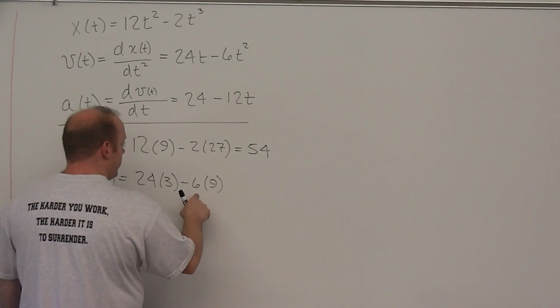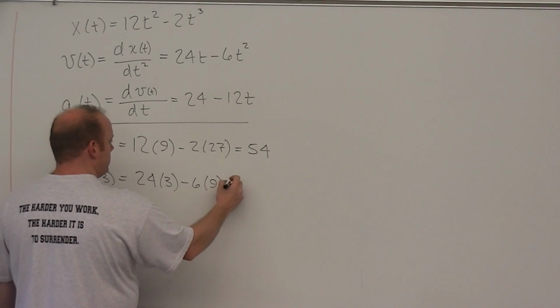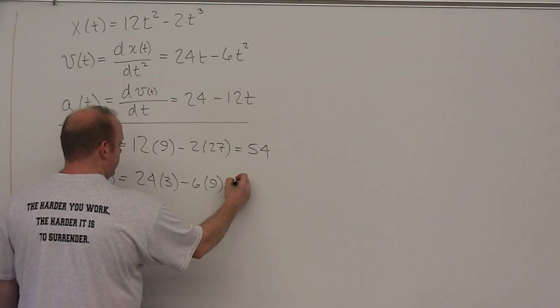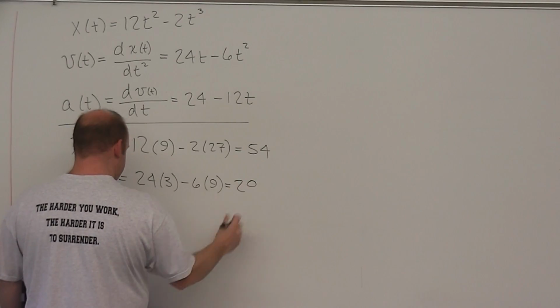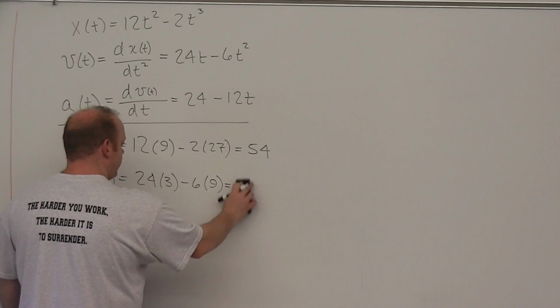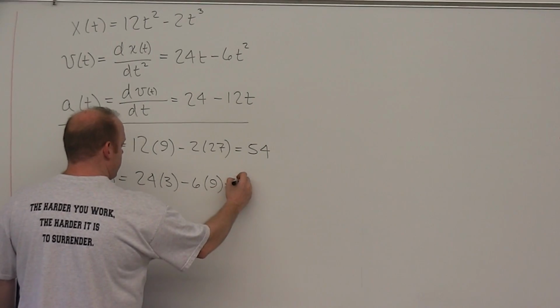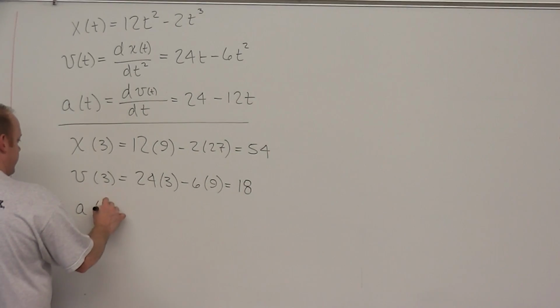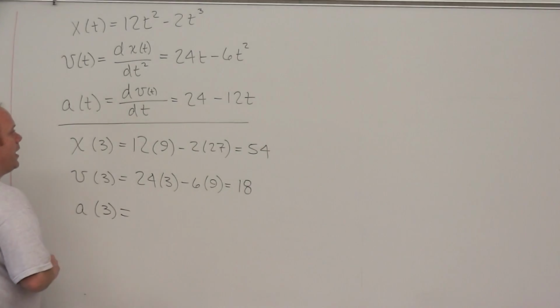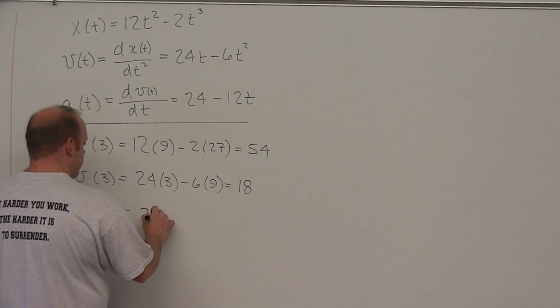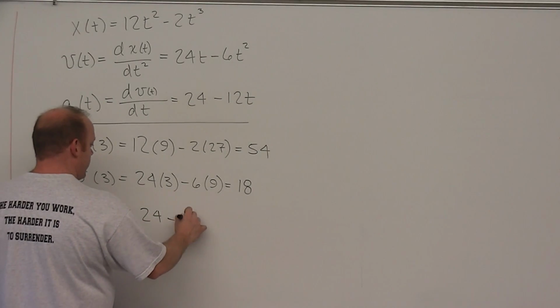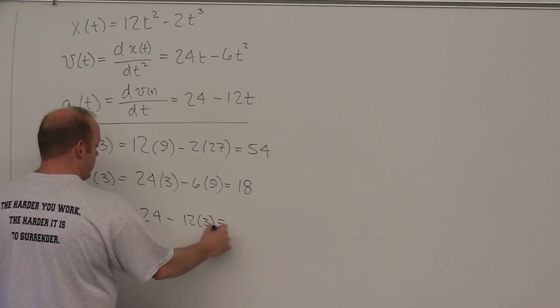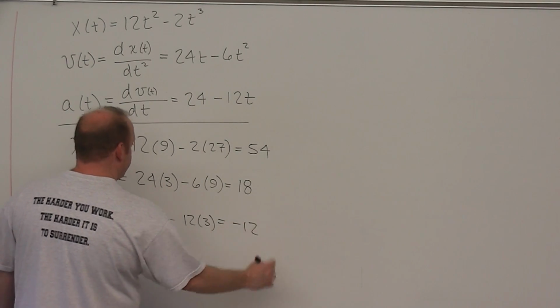My position is 108 minus 54, so this is equal to 54. My acceleration as a function of time, okay, this is going to be 24 minus 12 times 3, so this will equal negative 12.